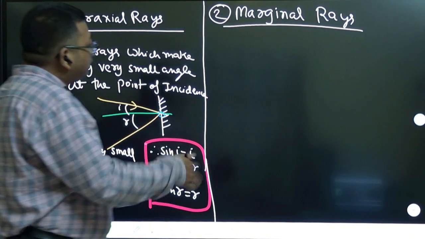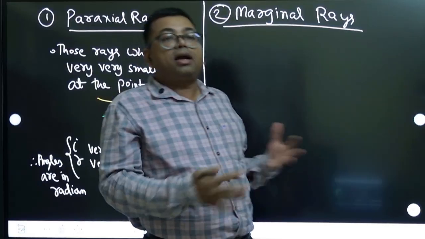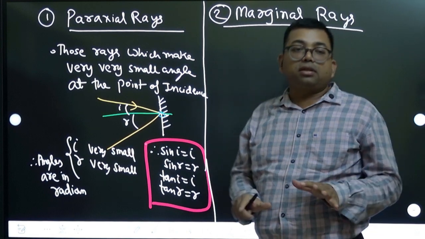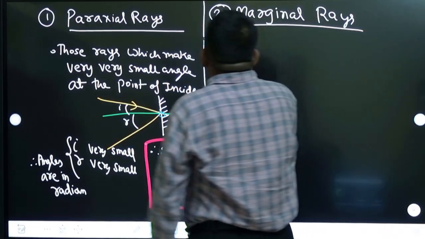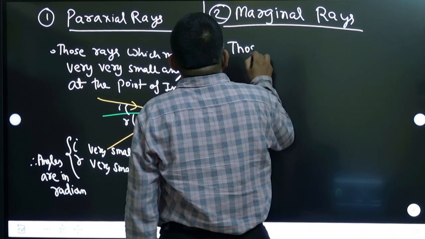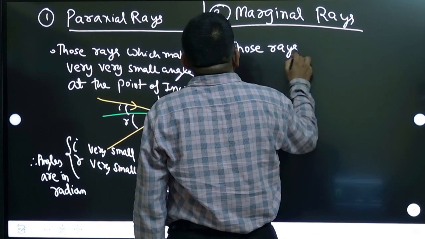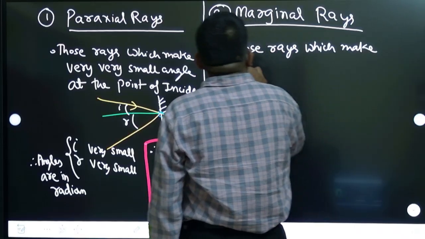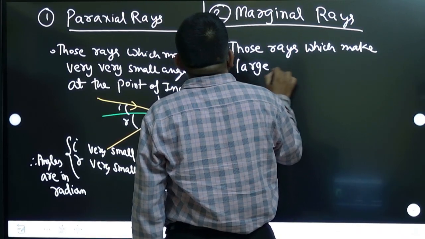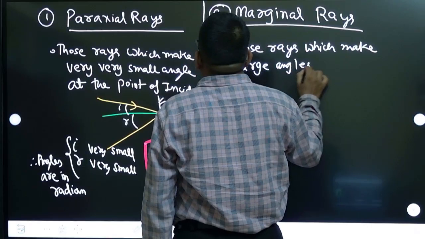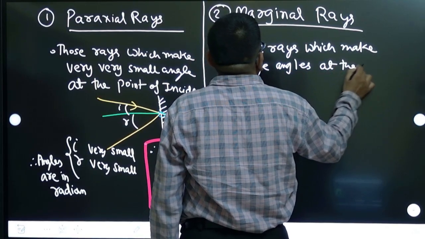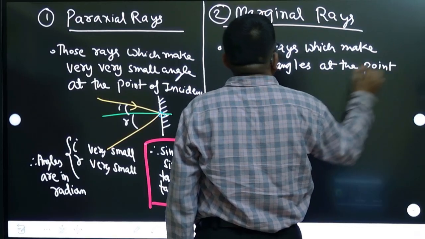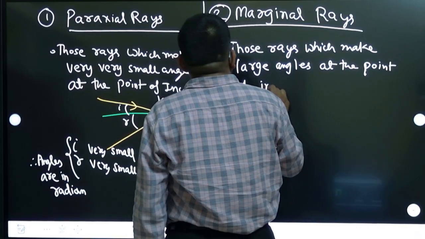Rays for which these angles are large are called marginal rays. So those rays which make large angles at the point of incidence.